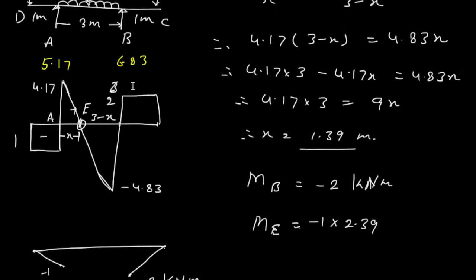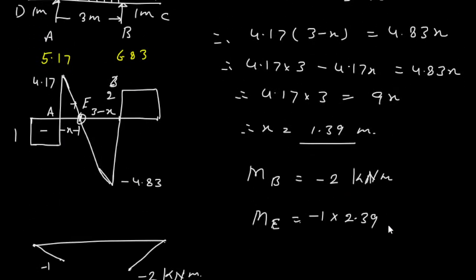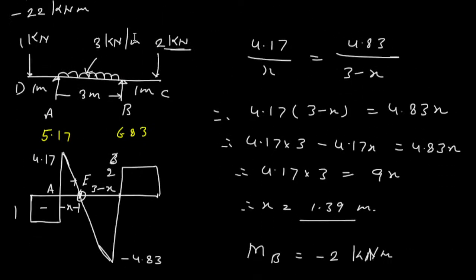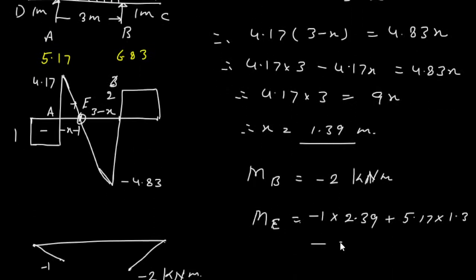So this is hogging, and then because of the reaction at A, the reaction at A is 5.17. Because of this 5.17, I have sagging, and the distance from this point A to this point E is x, which is 1.39. And then because of this UDL, I have hogging moment, which is 3 times 1.39 times 1.39 divided by 2.